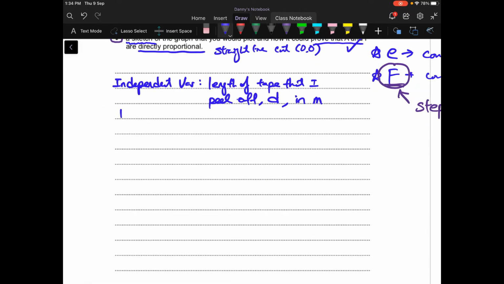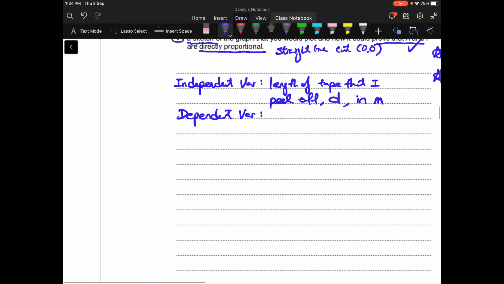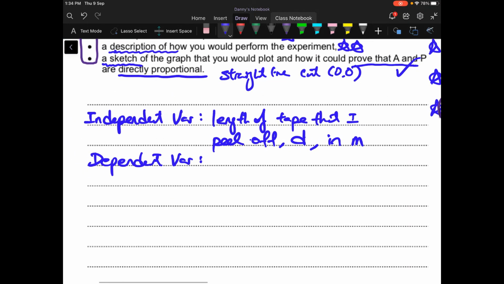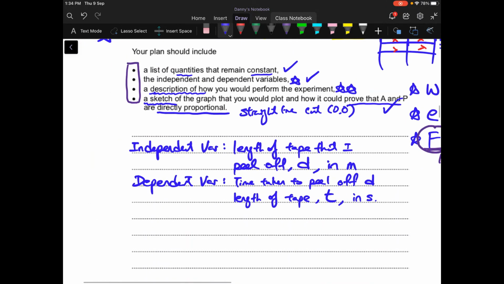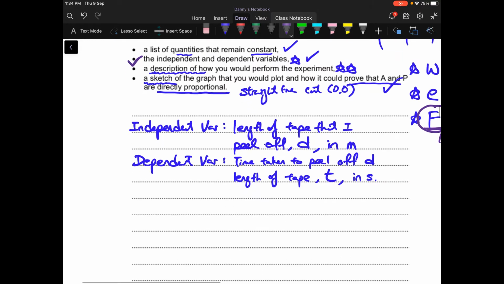Then after that I will have my dependent variable. This dependent variable will be the time, so it is the time taken to peel off the length of tape. I'm going to give it T, and it's in seconds. So by writing this, I will be able to get this point already.